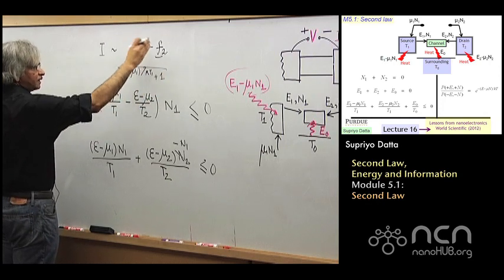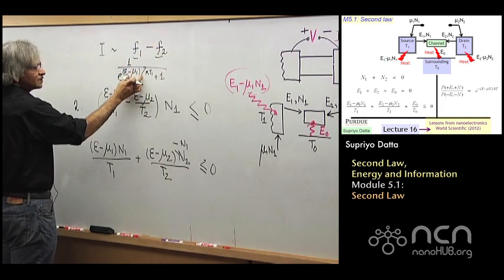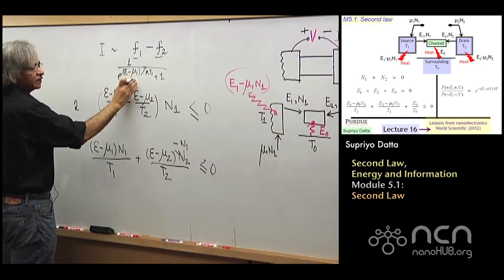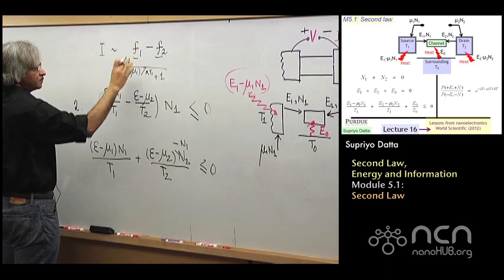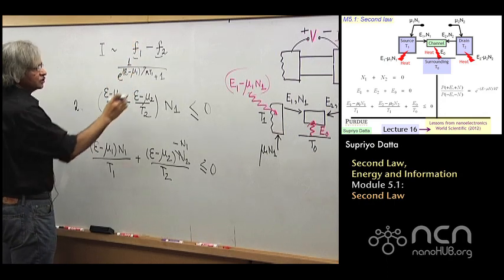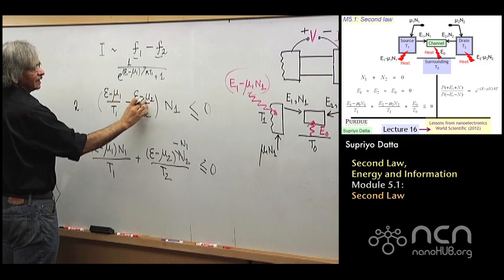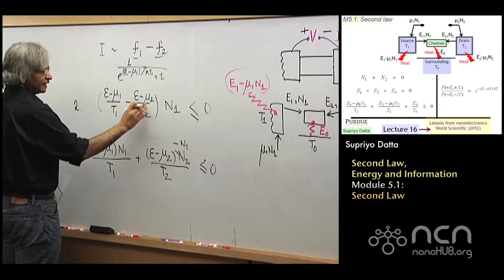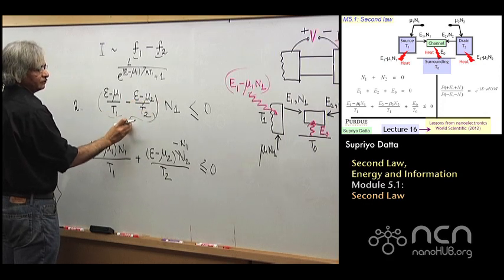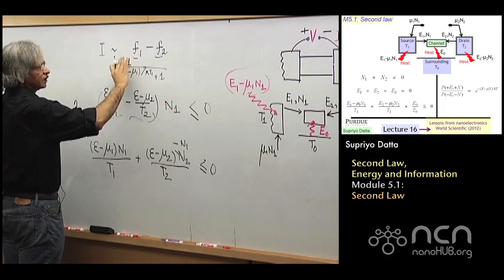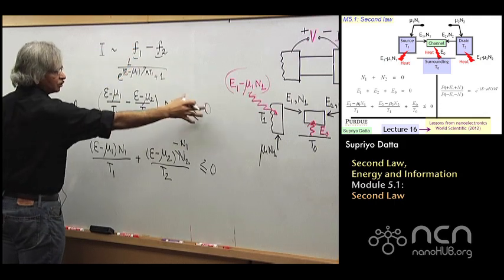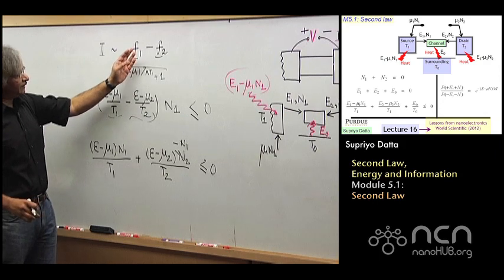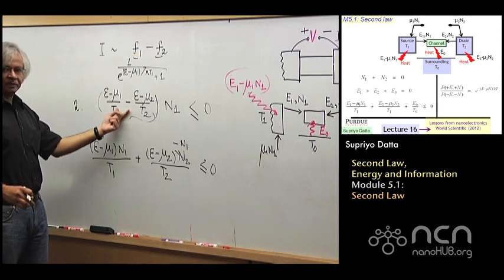So if F1 is bigger than F2, it means this quantity must be less, because unless it's less, the denominator won't be small. If this is big, the denominator is small. So this must be less than that if F1 is greater than F2. So this is less than that, which means this quantity is negative. And in that case, n1 is positive, electrons go from 1 to 2, and so the overall product is negative. And if F1 were less than F2, then of course this would be positive.